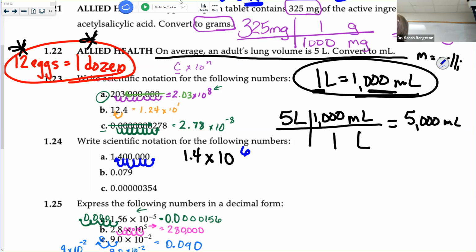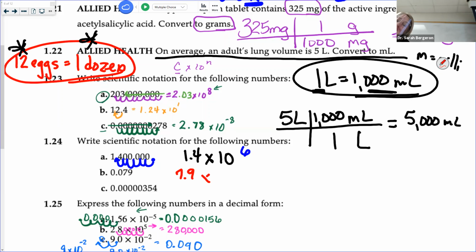The only question is, is that a positive 6 or a negative 6? Positive. If that number is big, if it's greater than 1, it's going to be positive. If it's really small, it's going to be negative. Okay, it's all about the direction that the decimal place moves. So look at B. If I want to rewrite this number, and all I can do is move the decimal place to make it between 1 and 10, what number do I get?